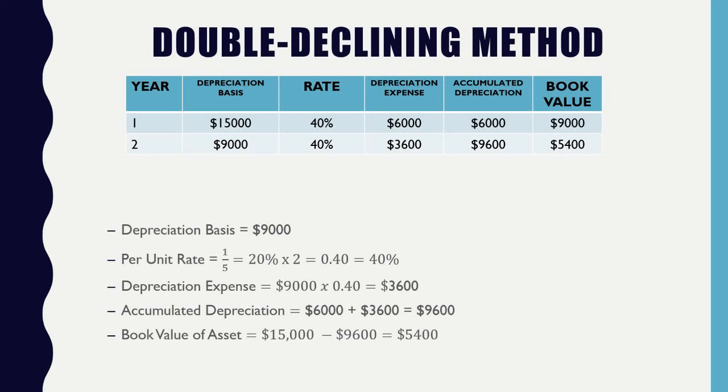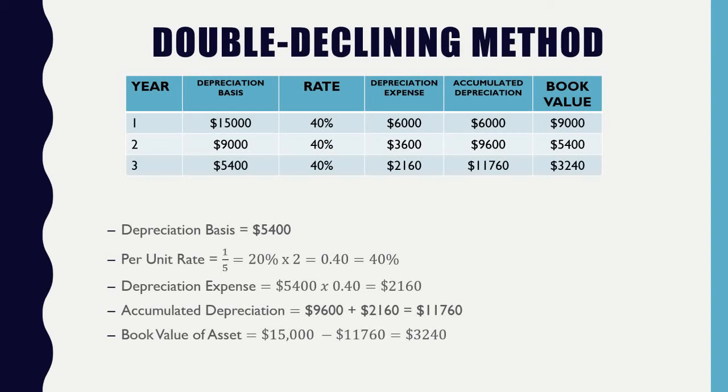Okay, now of course, when we continue on, we add our depreciation expenses together. So 6,000 plus 3,600 gives us 9,600, which then our book value should be 5,400. So as you can see, there's a trend going on here. Every year your depreciation will change because it will always be the beginning of the year's book value.